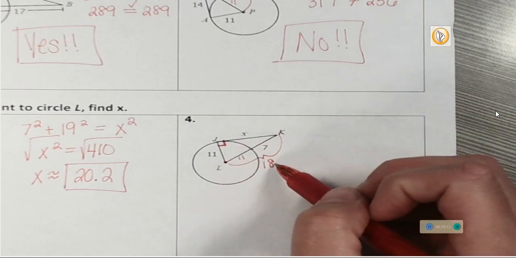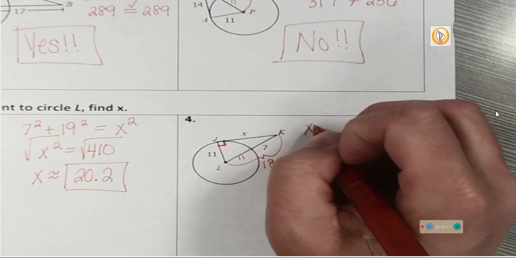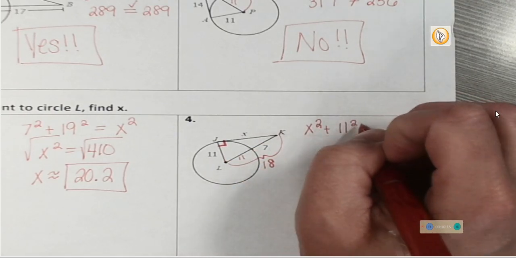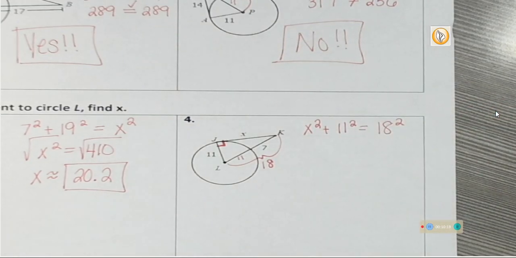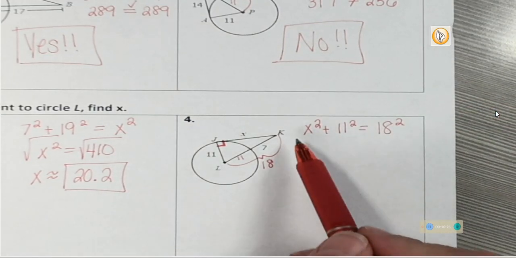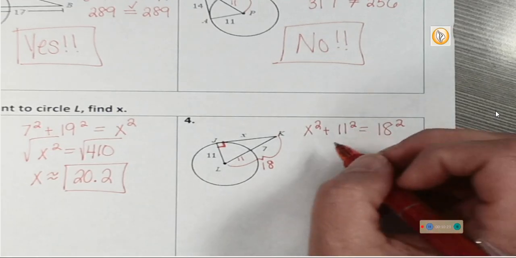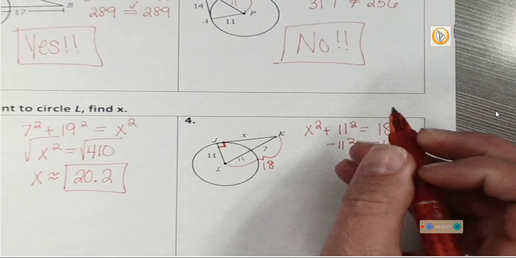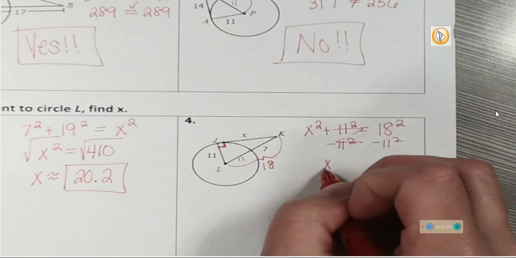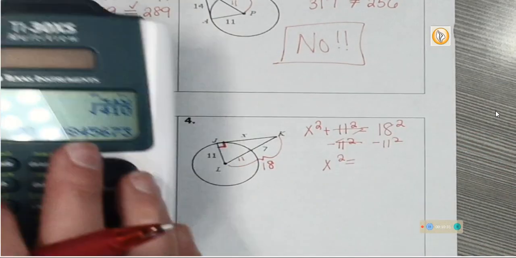Across from the 90 would be 18. So, a squared plus b squared equals c, hypotenuse, squared. Now, I want x squared by itself. So I'm going to get rid of plus 11 by minus 11 squared. Those cancel out. X squared equals, now I type that in my calculator.